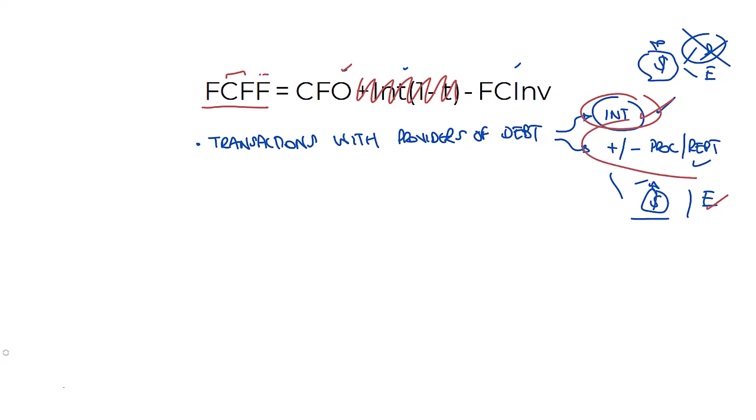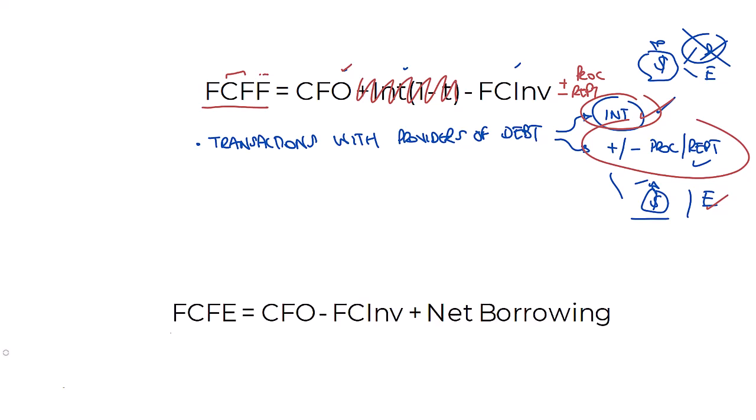Secondly, we need to take into account any proceeds from issuing debt or any repayments. So we just need an extra term in there, plus or minus, well, plus proceeds or minus repayments. And that is going to do it. That's what our FCFE is going to look like. CFO makes sure we've got a cash flow.